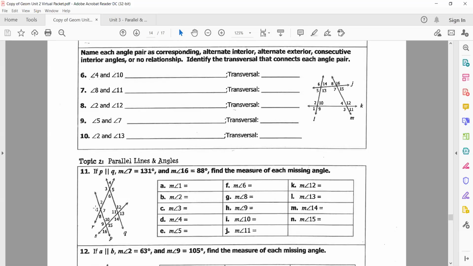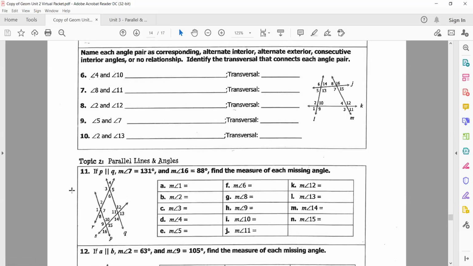They're the same angle, but it's a specific name. It's a vertical angle pair. So 1 is the same as 131 because that's what angle 7 is.